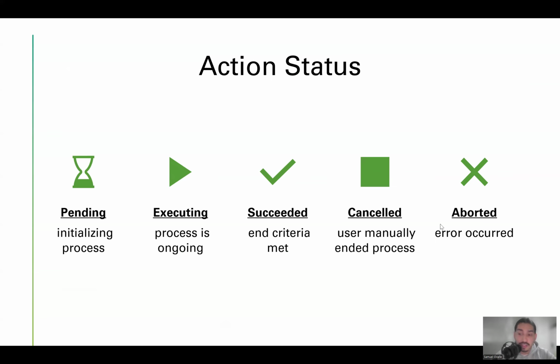Either we succeed at the goal that we set out to accomplish, and then our script will end. Second, we could manually cancel our action, and then the script will also end. Or third, the process could be aborted because some sort of error was present in the execution. It cannot meet the success criteria, and it also ends the script that's running.